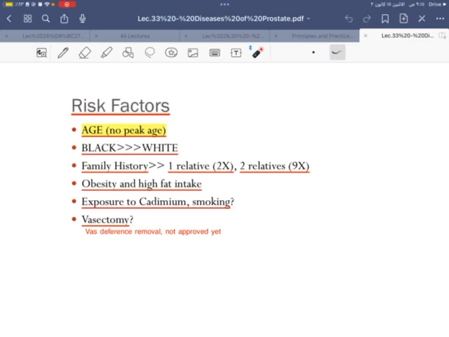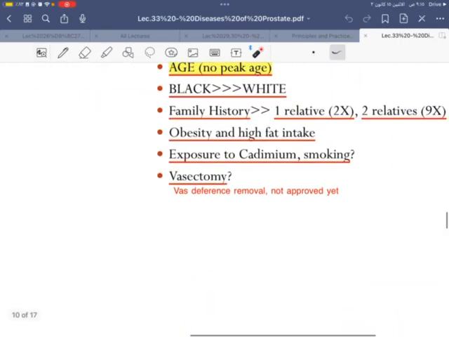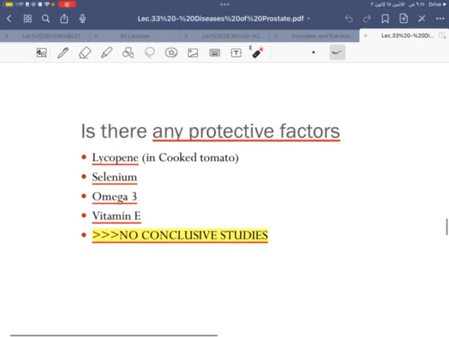Some articles reported that vasectomy is one of the risk factors for prostate cancer, whereas others do not. For the protective factors, there are no conclusive studies. We have lycopene present in cooked tomato, selenium, omega-3, and vitamin E proposed to be protective factors.